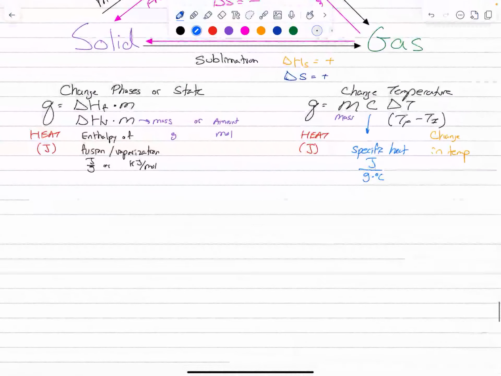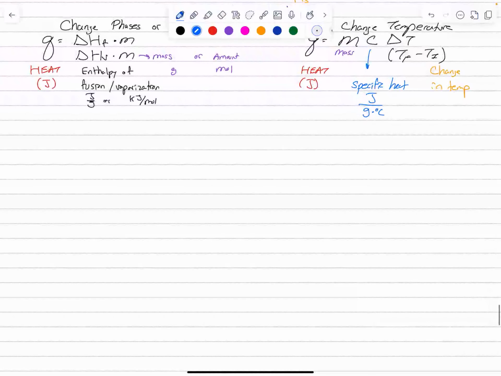All right, so let's look at water now. I want to look at water and its heating curve.